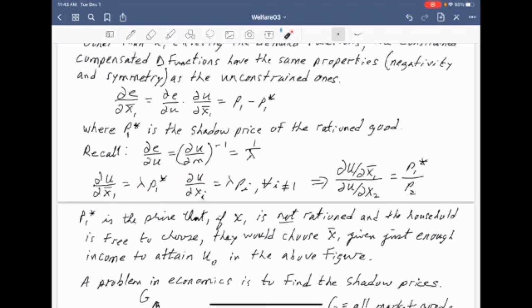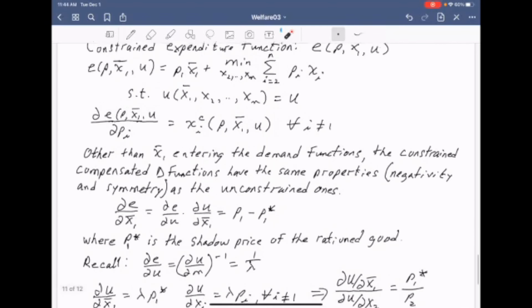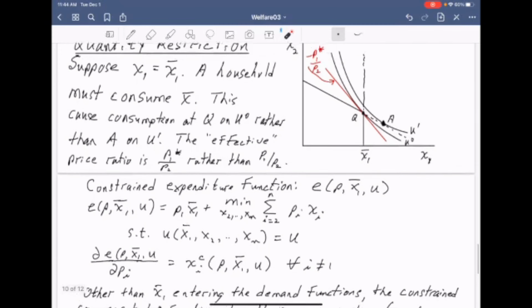The partial of U with respect to xi is equal to lambda times Pi for all i not equal to 1. And then if we look at the ratio of dU/dx1 over dU/dx2, we get P1 star over P2, which is the result that we had on this red line here.